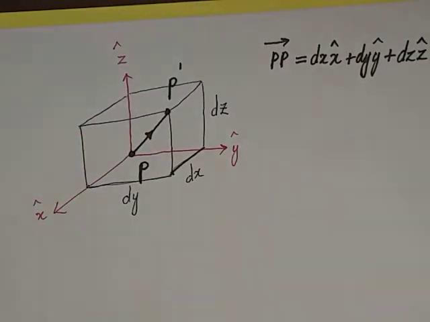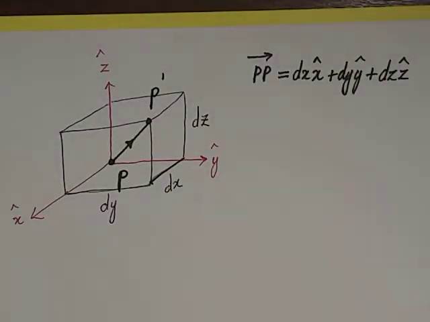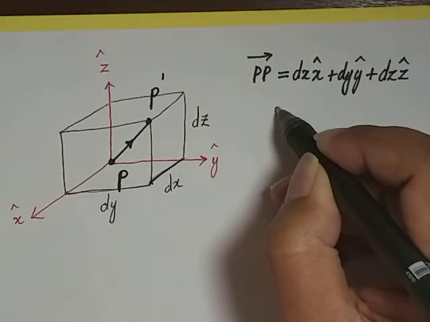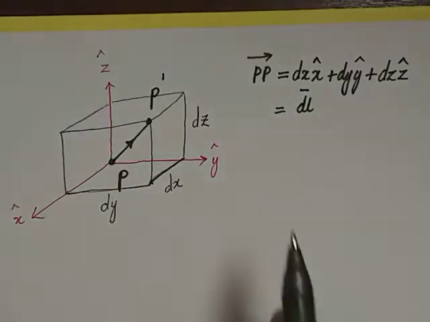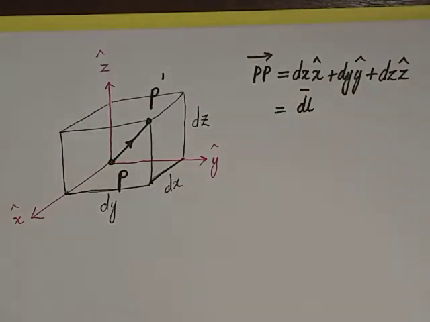That's how we define the vector movement from P to P prime. This particular symbol we call the small change of length vector, in other words the differential line length.